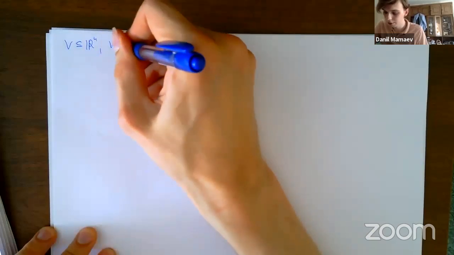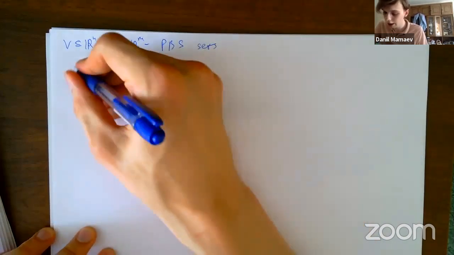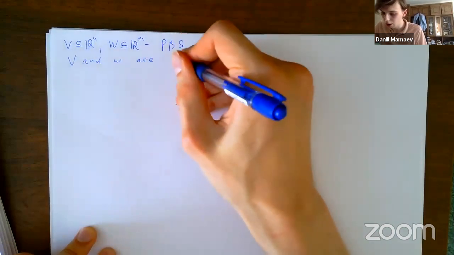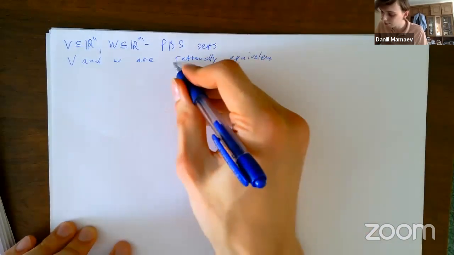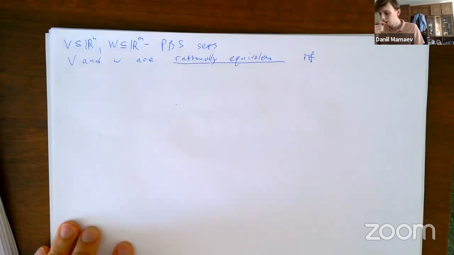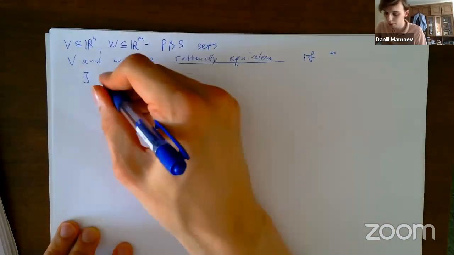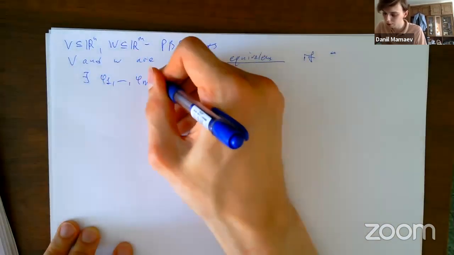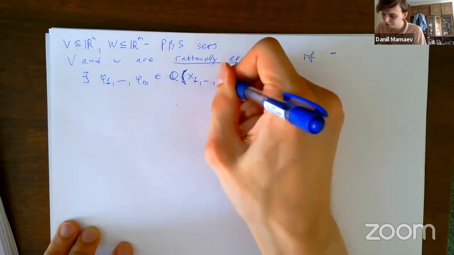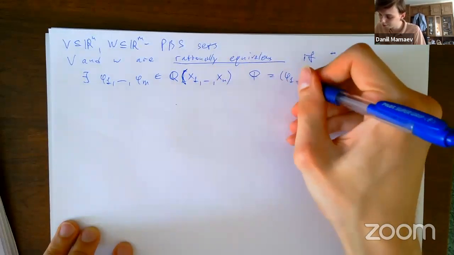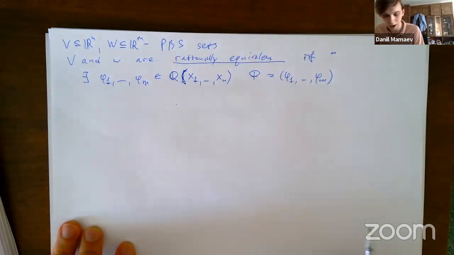If we have two primary basic semi-algebraic sets, then they are called rationally equivalent if there are rational functions phi1, ..., phim, so big phi is just a rational function from R^n to R^m.